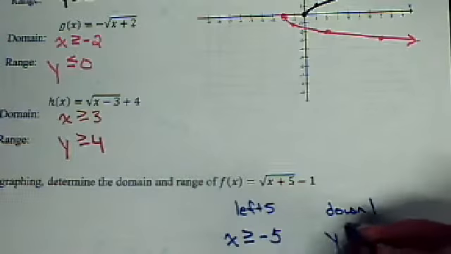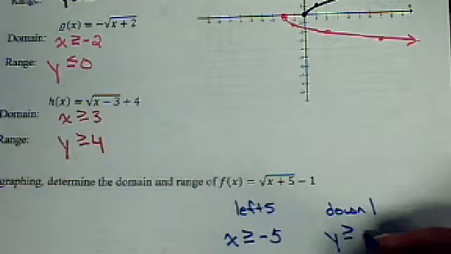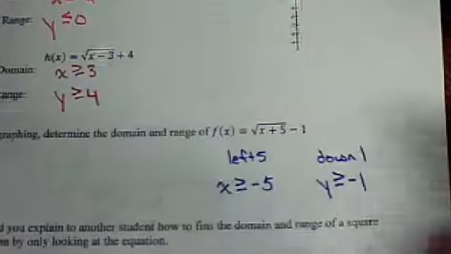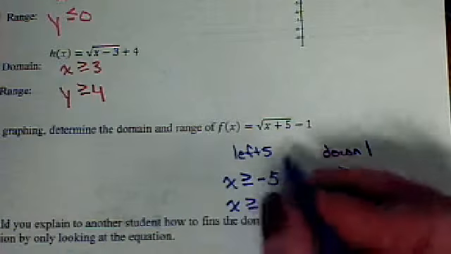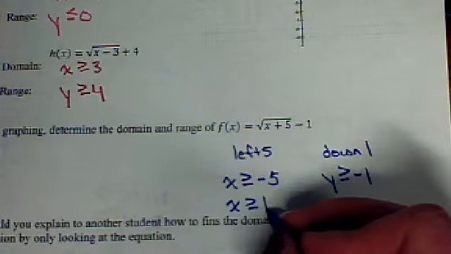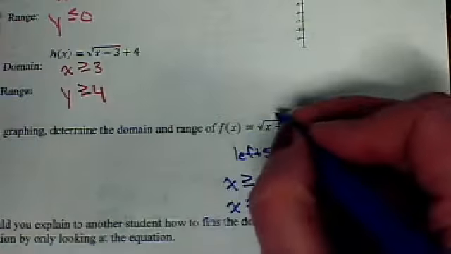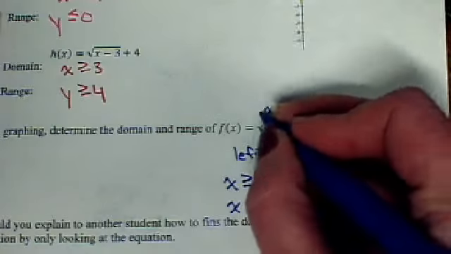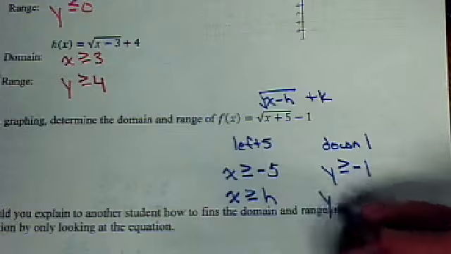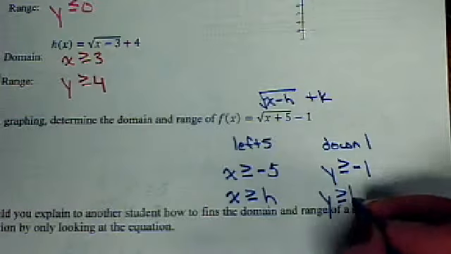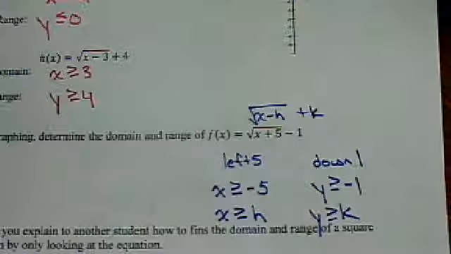So my y values have to be greater than or equal to negative 1. It's almost like you're taking all the x values that are greater than or equal to h, because remember that's an x minus h, plus k, and the y's would be greater than or equal to k.